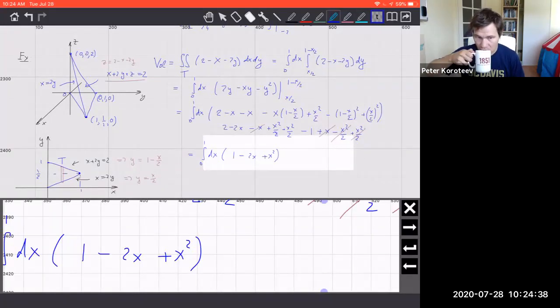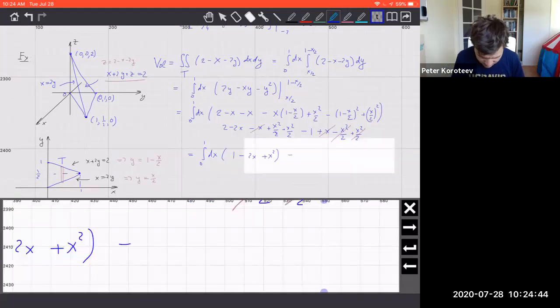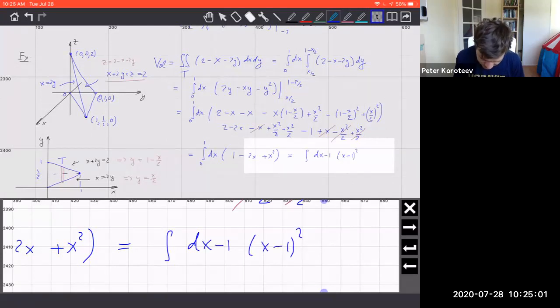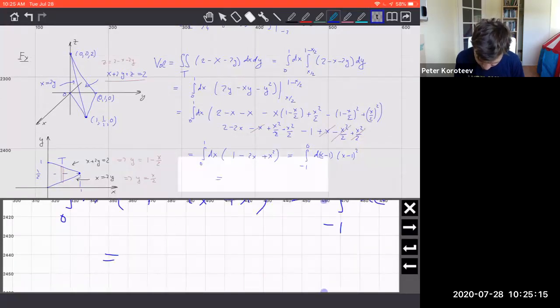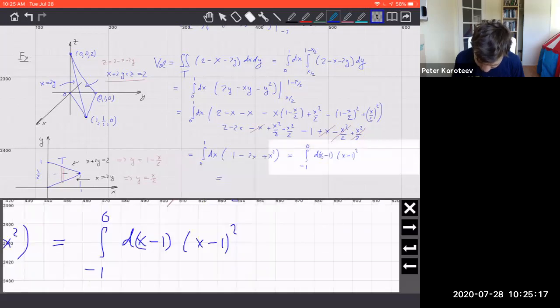Okay. Well, at this point, we don't need to... you can complete the square or you can integrate. It doesn't really matter. So let's complete the square. So we have dx times (x minus 1) squared. And now if x ranges between 0 and 1, then x minus 1 ranges between minus 1 and 0. Right, so then the answer will be equal to, well, in the x minus 1, we should call it a new variable.